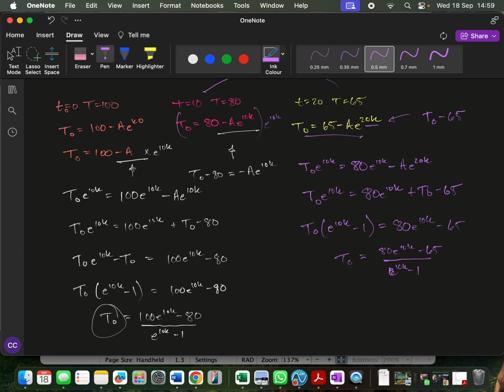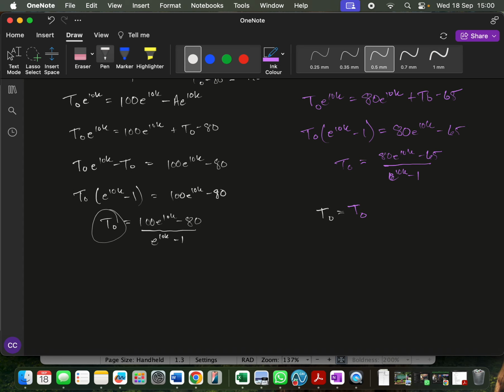All right. Now what I'm going to do is set those two T0 expressions equal to each other. So I have 100 e to the 10K minus 80 over e to the 10K minus 1, and that is going to be equal to 80 e to the 10K minus 65 over e to the 10K minus 1.